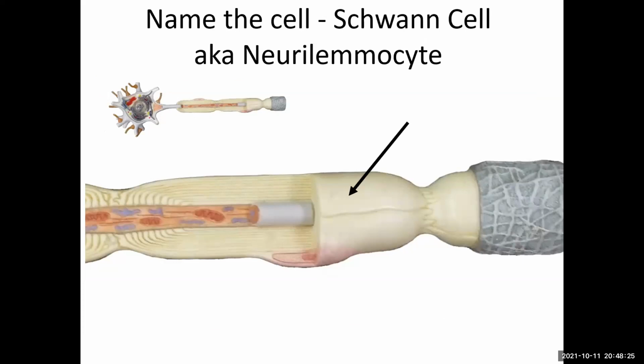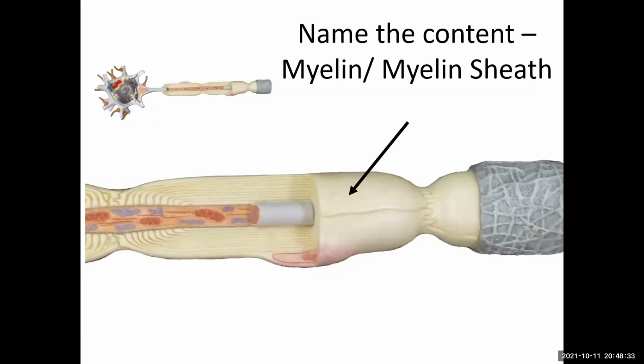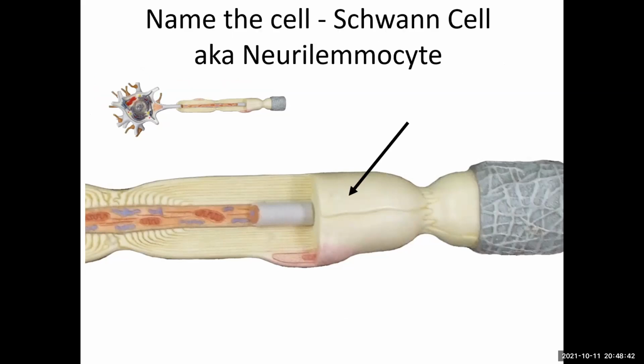So on a test, if the arrow is pointing directly here, and there are no words whatsoever, this is your correct answer: myelin or myelin sheath. If it's pointing to the same area and it says name the cell, then you name the cell, and this is your correct answer: Schwann cell, neurolemmacyte.